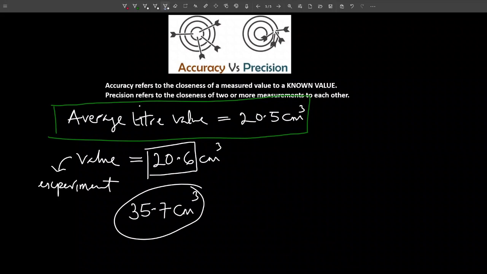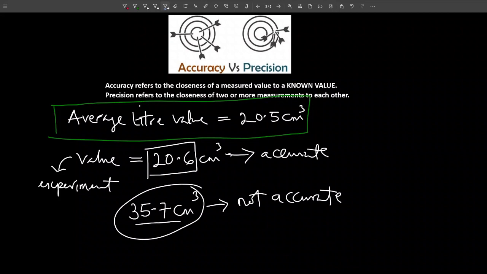You can see how distant my experimental value is from my known value. So this is not accurate. I think you get the idea of accuracy. It is about the closeness of one particular value to a known value. So this value is accurate, whereas this value is not accurate.